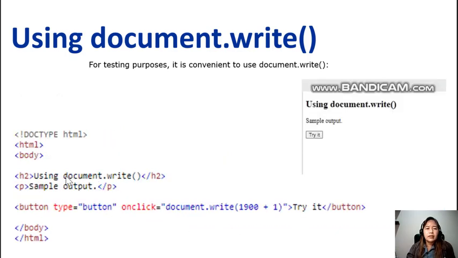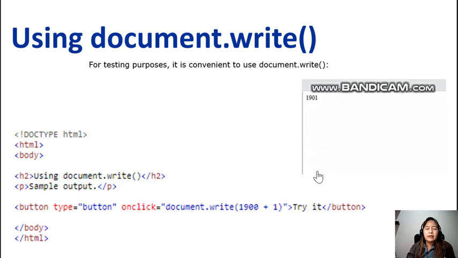So you have using document.write, and then you have a sample output in a paragraph, and then you have a button, and the button is going to be labeled as try it, and then on click it will trigger document.write, and then it will perform the formula 1900 plus 1.